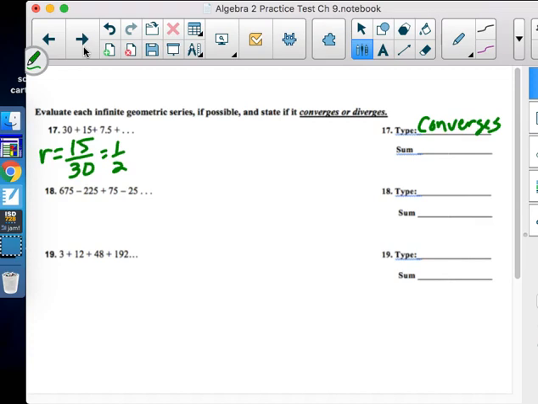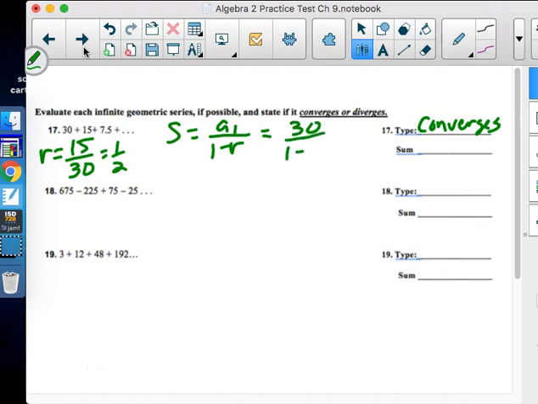Okay, and then I remember, oh, that was the super easy formula that doesn't have an n because it's infinite. Dot, dot, dot is infinite. And I look on my paper and I see that little baby formula, and that makes me happy, because that's a nice little simple formula. All I have to know is the first term and r. What is the first term? It's 30.